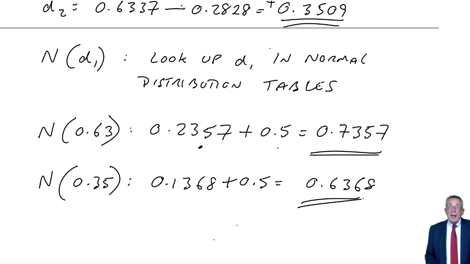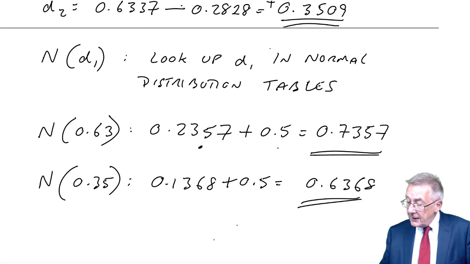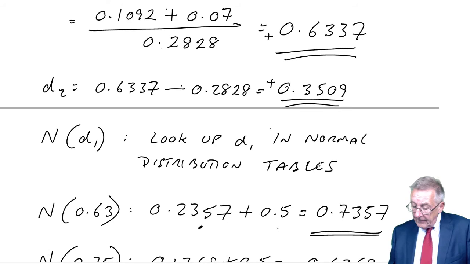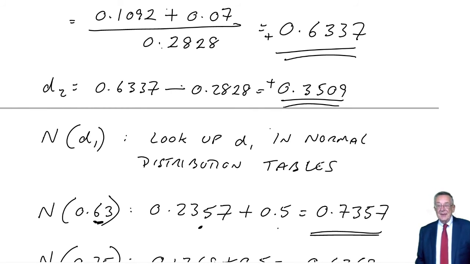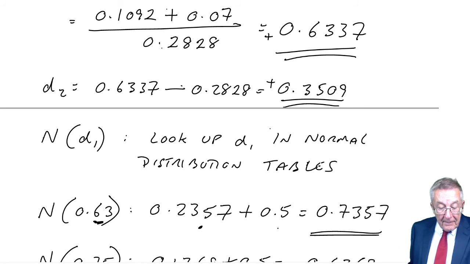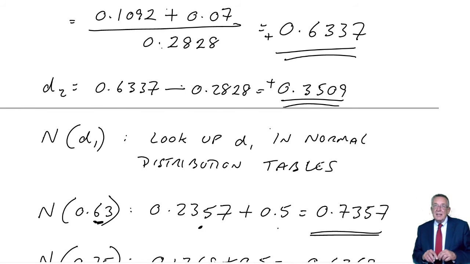Now, I better just mention some answers you look at in study texts and revision kits try to be very clever and say, oh, well, it wasn't 0.63, it was 0.6337. And so they look up 0.63, they look at 0.64 and approximate between them.